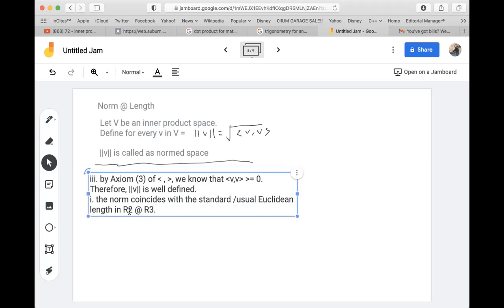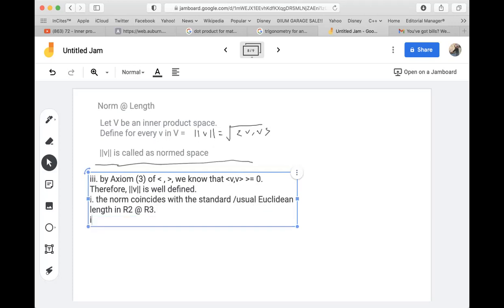We will look into this later. I will show you how this norm formula can be similar to the Euclidean length.